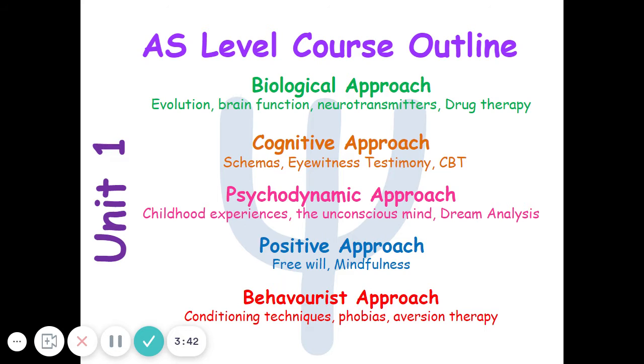You then move on to the cognitive approach. So cognitive approach is all about information processing, and often people in the cognitive approach would describe the brain as working like a computer.